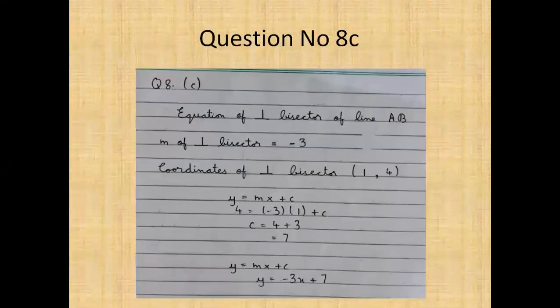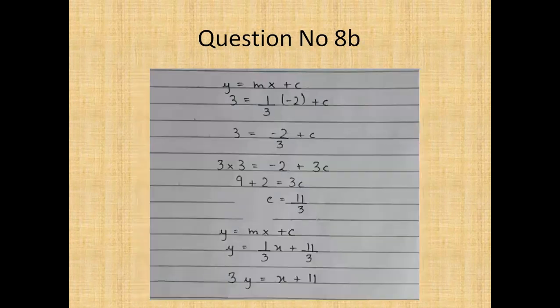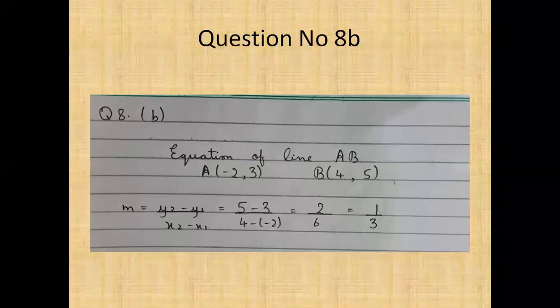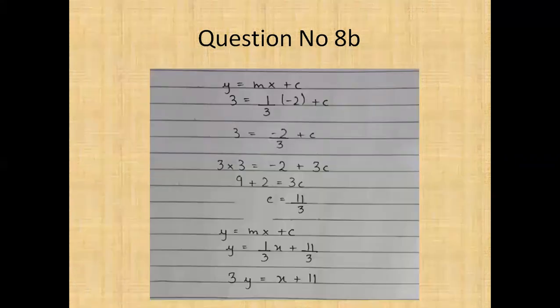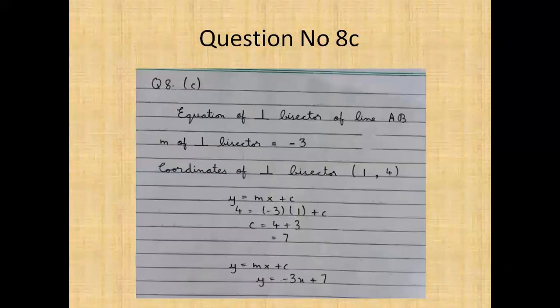The equation of the perpendicular bisector of the line AB: the gradient of AB is 1 by 3, so the gradient of its perpendicular bisector will be the reciprocal of this and negative, so it will be -3.